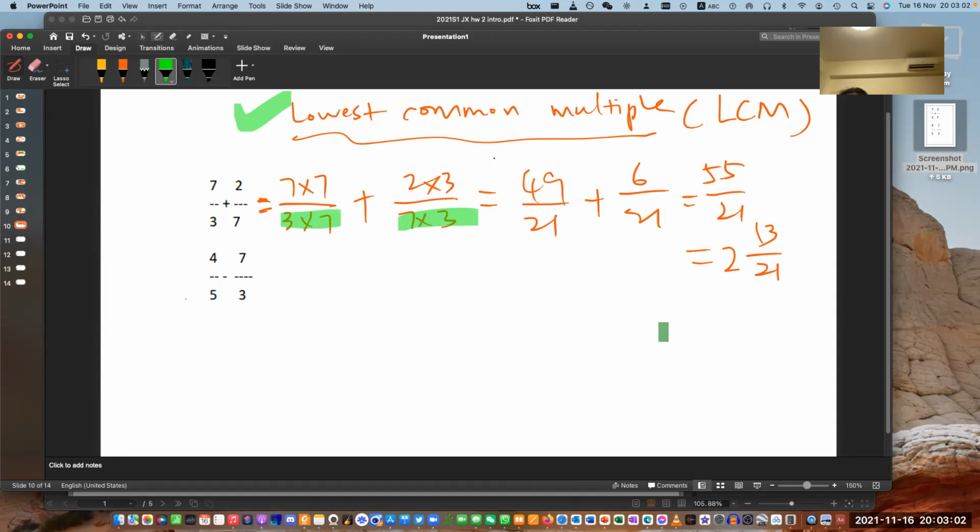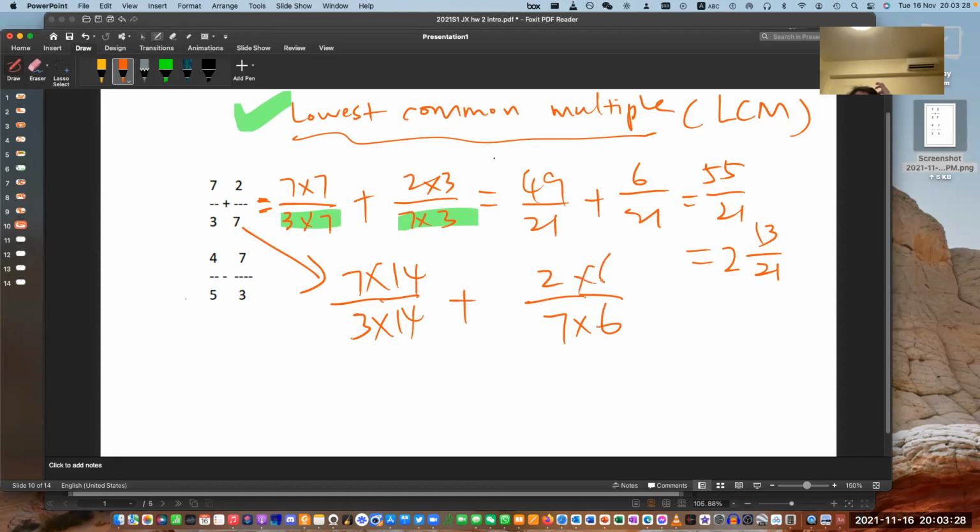Why do I say you are using the concept of LCM? Because you could have done it this way as well. So instead of, can you times, let me see, can you times 14? So this way you are going to get 42 as the denominator.